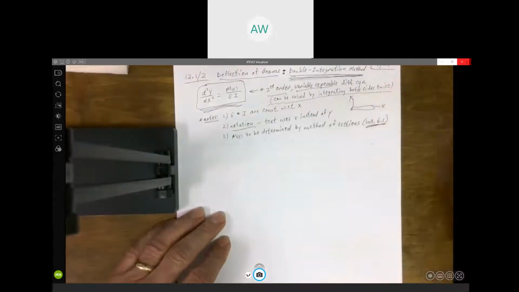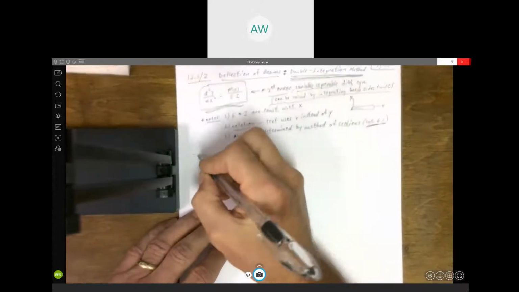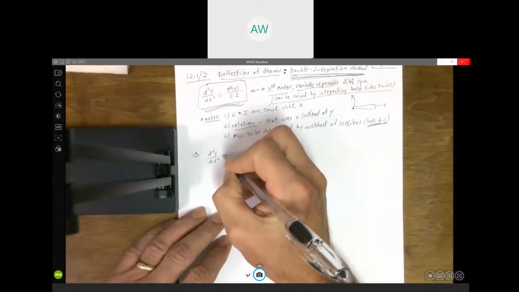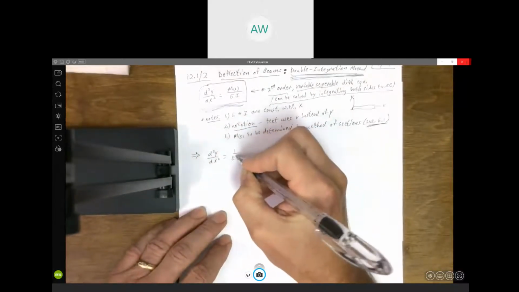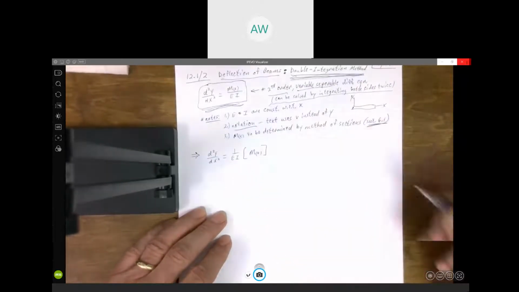All right. So once we get that moment equation, then we go back to what I mentioned a minute ago. Right? We can solve this just by integrating twice. So if we've got our second derivative of y, and E and I are constant, I'm just going to pull those out. Write it like that.